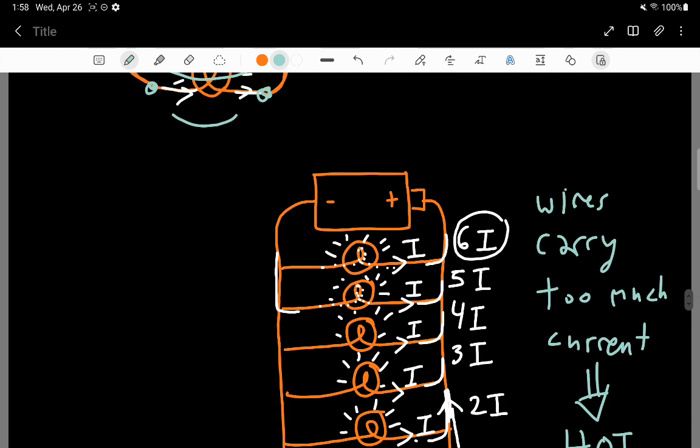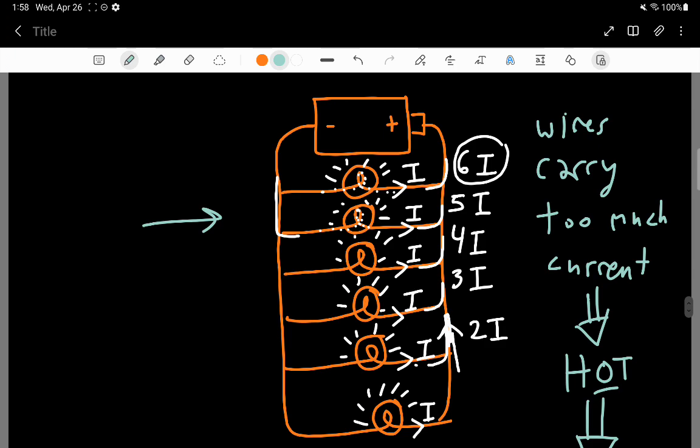So this kind of situation here where you put all these things in parallel, right? You could have a toaster, a hairdryer, microwave, your television set, right? You're charging your computer.